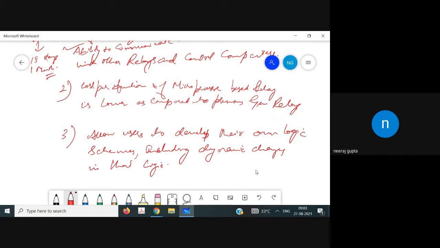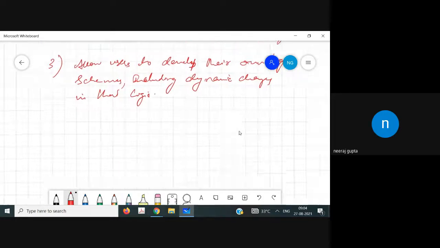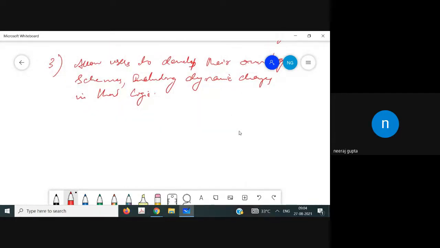It means that the load on the CT is also less. So less burden as compared to the previous generation relays.